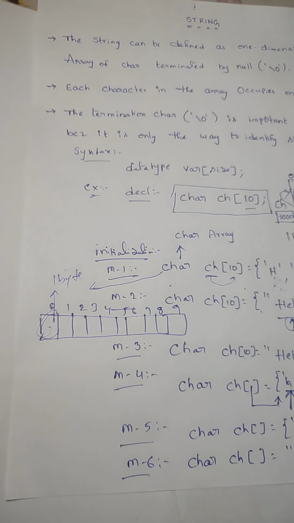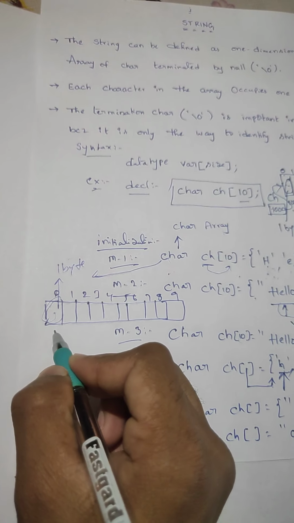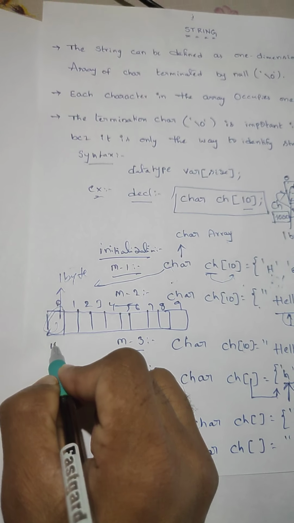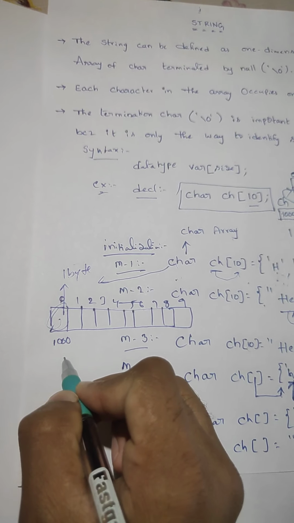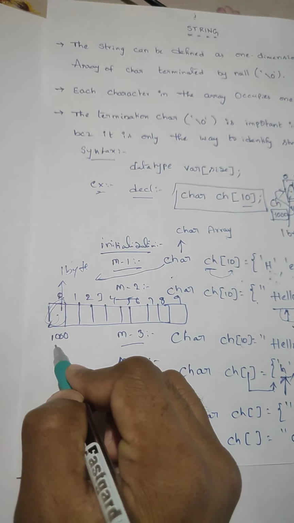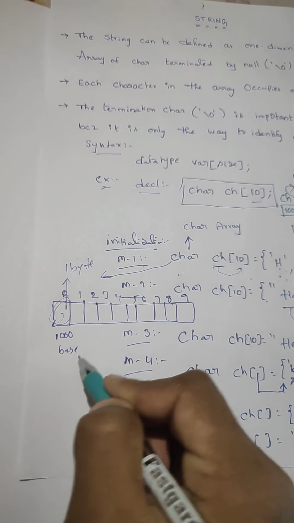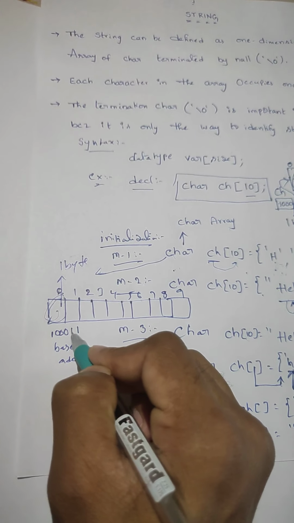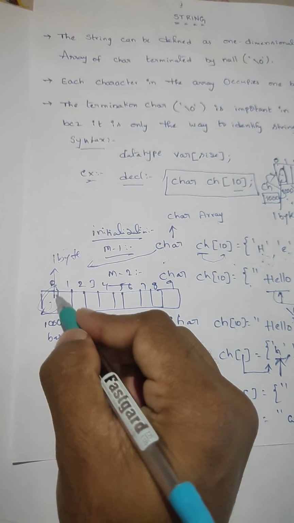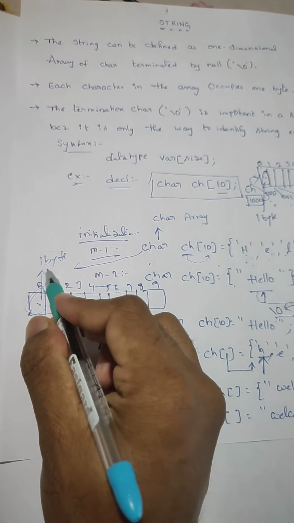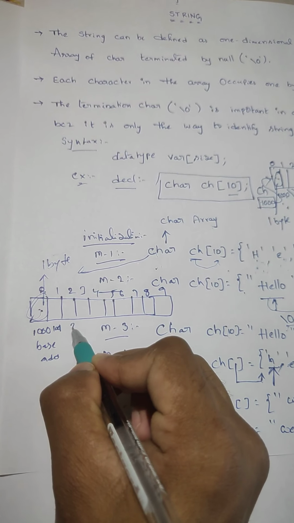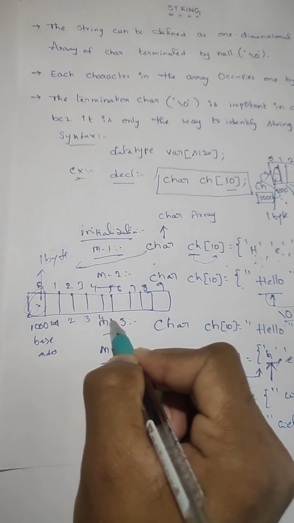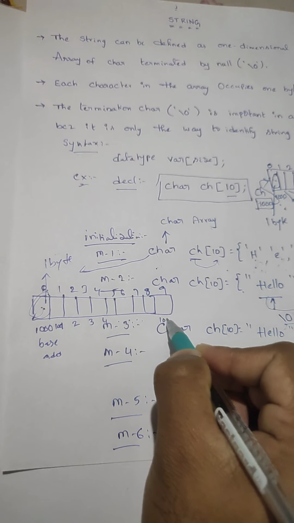The first block's address is 1000. Just assume 1000 is the base address of the 0th index, and the next is 1001, because each block contains 1 byte. Next are 1002, 1003, 1004 and so on up to 1009.